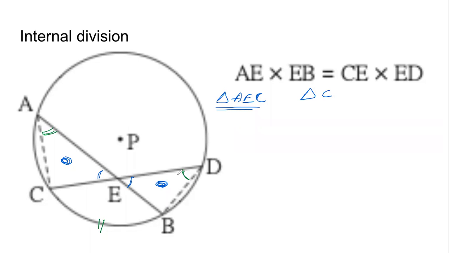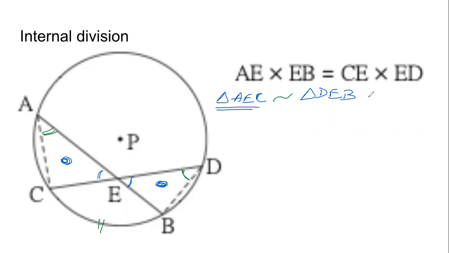Now we have two triangles in which two of the angles are same, congruent. So by a rule, we can say that these two triangles are similar. Tell me what rule it is. What test?